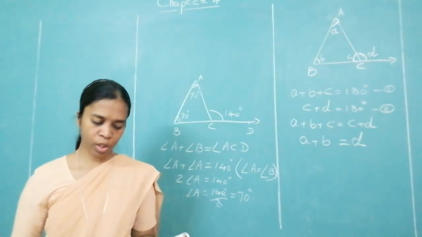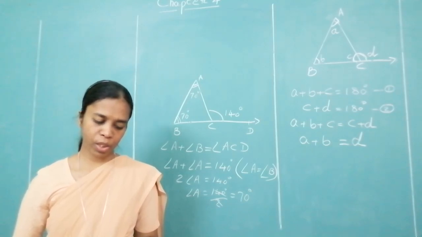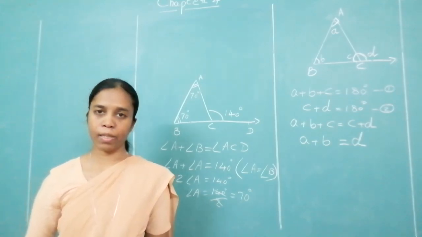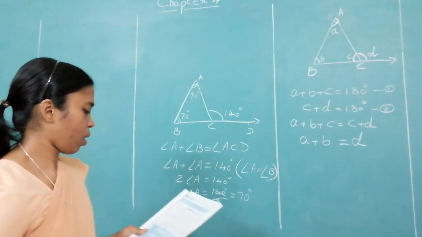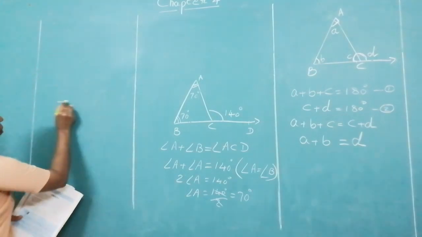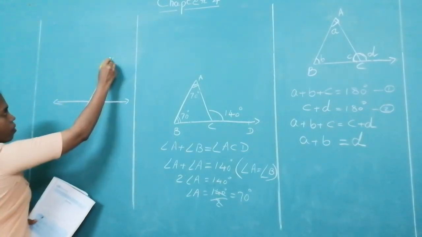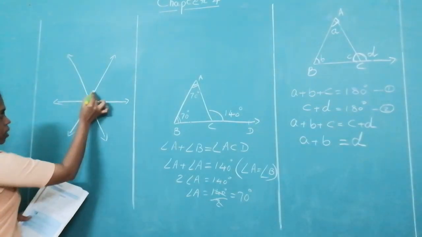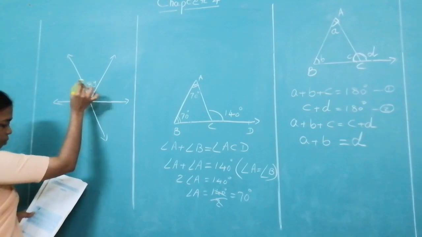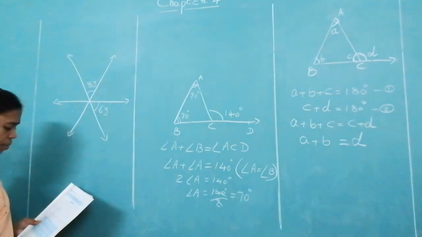Question number 2. Using the measures of the angles given in the figure, find the measures of the remaining 3 angles. How will we do that? This is given to you as 8y. This is given to you as 6y.